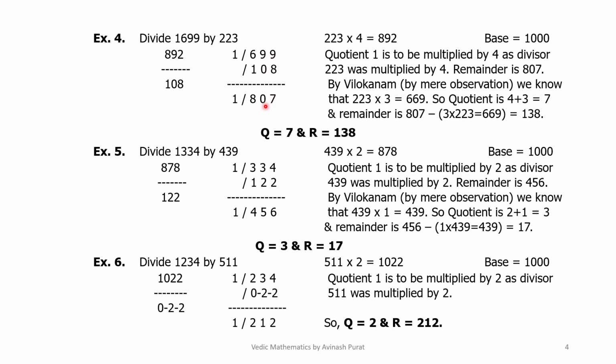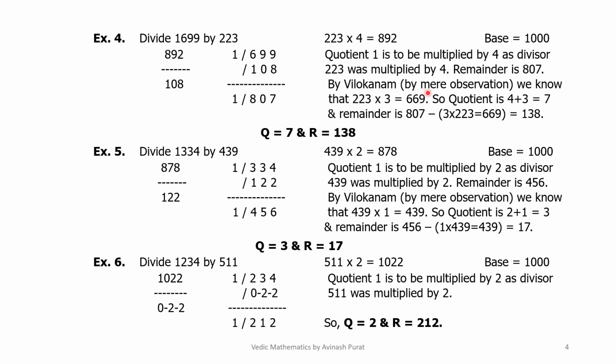1 plus 9, 10. 0. 1 again taken to the left. So 6 plus 2 is 8. 1 stroke 807. Now quotient 1 is to be multiplied by 4 as divisor 223 was multiplied by 4. Remainder is 807.